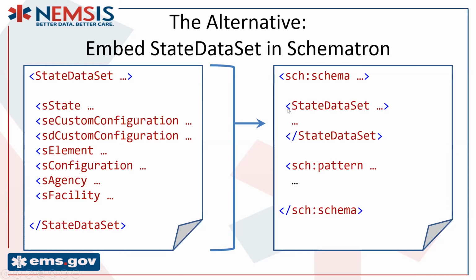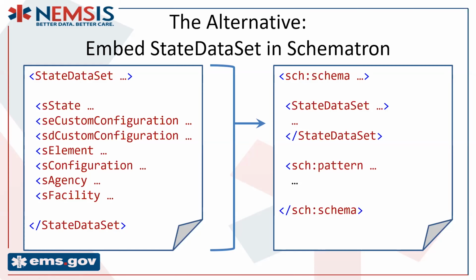Okay, so that's what we're going to look at today. In NEMSIS 3.5, state-level products will be tested on their ability to generate a correct state data set for their state. And so this is a technique, I think, that could really be adopted, especially in NEMSIS 3.5. But as I said at the beginning, it'll also work in earlier versions of NEMSIS. So in NEMSIS 3.5, states can be confident that their vendor will be able to generate the state data set for them, all this stuff on the left.